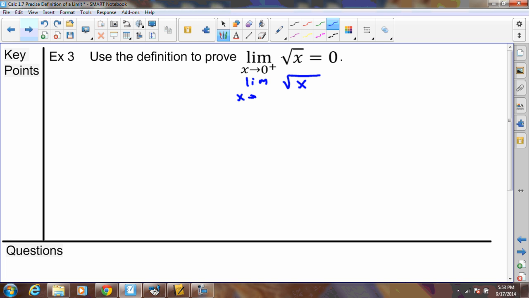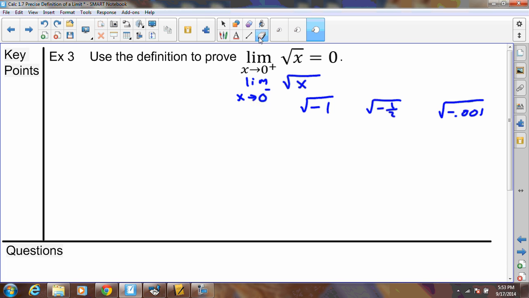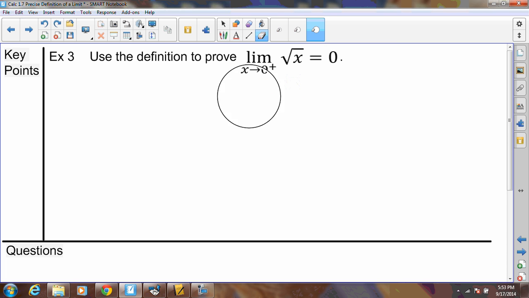If you're approaching 0 from the left-hand side, that means you're plugging in numbers like -1, or -1/2, or -0.001. You can't take the square root of a negative in the real numbers. We don't work with the complex number i. We are forced to do a one-sided limit because the left-hand limit doesn't make any sense. It's outside the domain of the function.